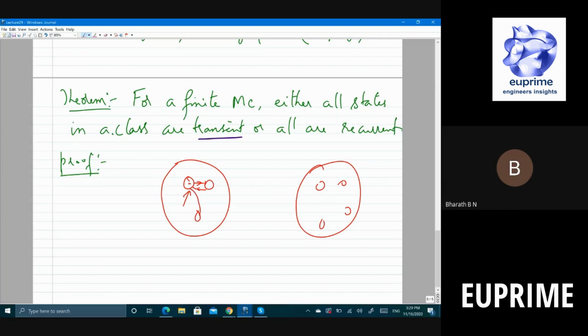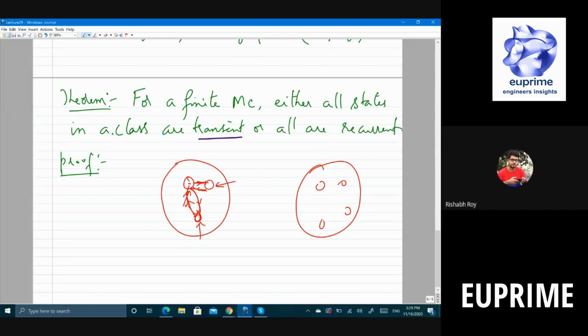And this node can communicate with this node also, and likewise, because it's a communicating class. So by this diagram, I can clearly see that this node can communicate with this node and vice versa, because there is this path which goes from here to here, and there is this path coming back, right? Do you agree? That means all of them will turn out to be recurrent. Do you agree?